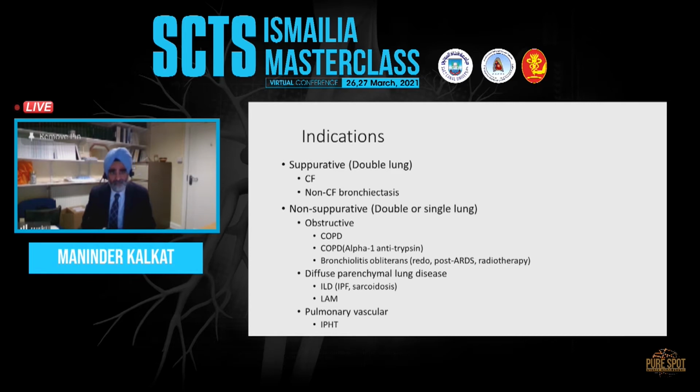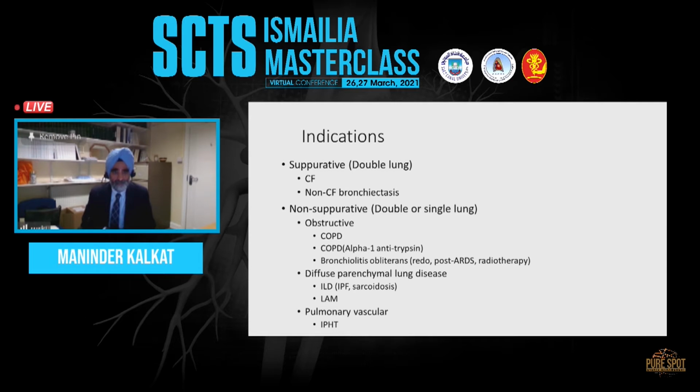And then there is obstructive COPD, and also the COPD related with alpha 1 antitrypsin deficiency. And then certain patients who have bronchiolitis obliterans, either because of the previous lung transplant or the patients have undergone ARDS for certain reasons, or the patients who have had extensive radiotherapy.